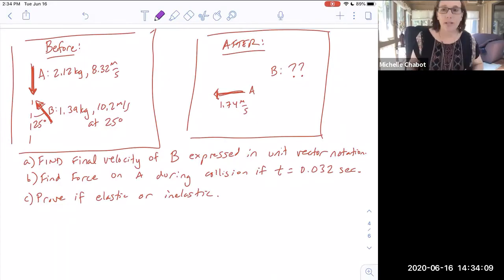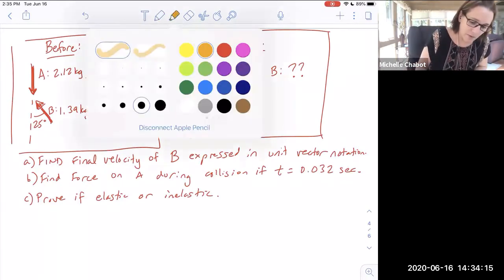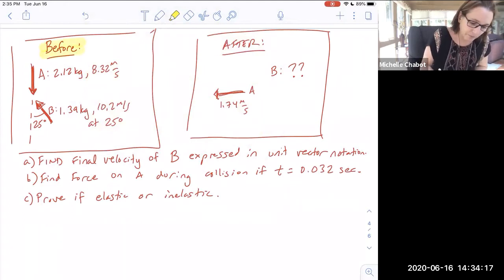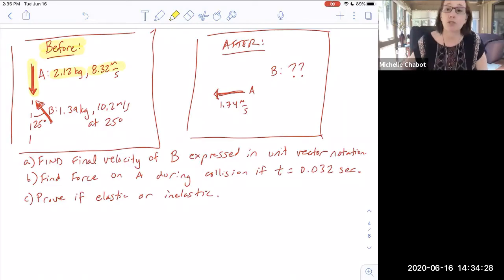Okay, so let's go. So we have here this situation where initially car A is headed downward, and it has a mass of 2.12 kilograms and an initial speed of 8.32 meters per second.